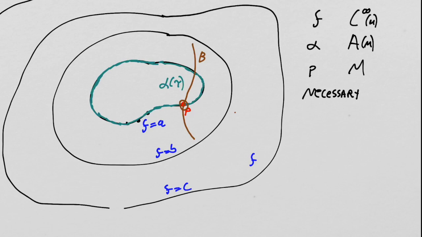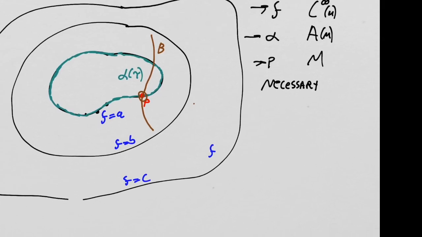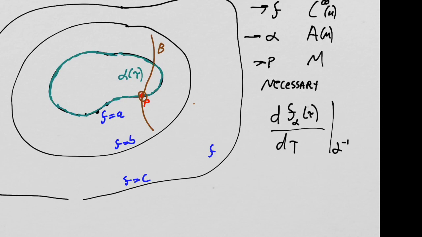Now I want to talk about the derivative of the function f at the point P associated with the curve alpha. We've already written down one version of how this will look. We know that this is going to be d f alpha of tau, d tau, evaluated at alpha inverse of P. Every one of these things that we need is in this notation: f, alpha, point P, and tau, which is the parameter of the curve.